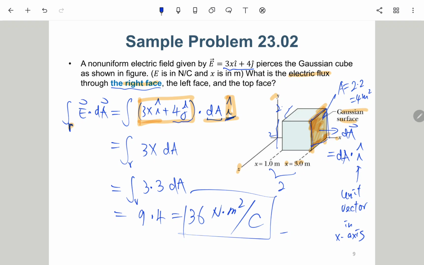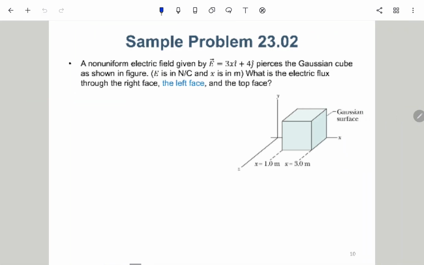Okay, so this is the first one, and then we have the second one. The second one asks you for the left face. Okay, the left face is here. Similarly, we have a dA pointing to the left side, actually opposite to the previous case. So this is dA times I hat, but with a negative sign, because it is the negative x-axis, right?